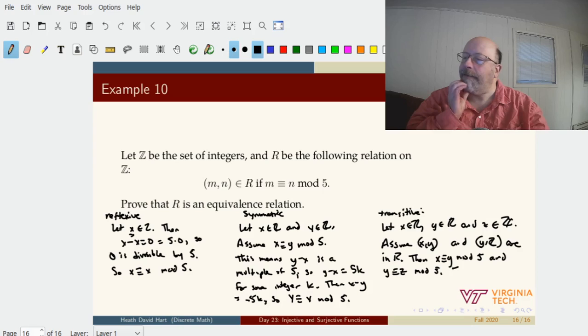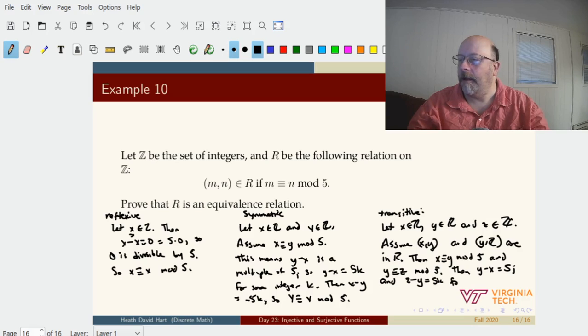Well, that means y minus x is equal to 5 times j for some integer j, and z minus y is equal to 5k for some integers j and k.